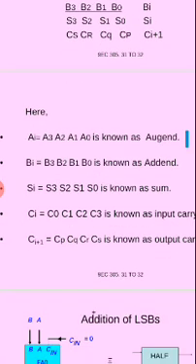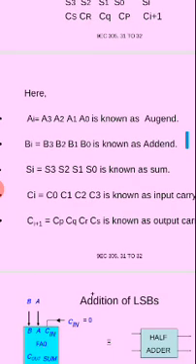Here Ai equal to A3, A2, A1, A0 is known as augend. Bi equal to B3, B2, B1, B0 is known as addend.